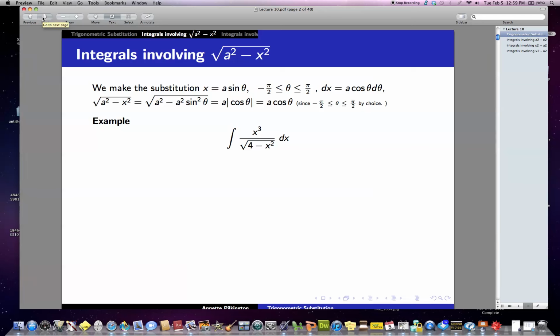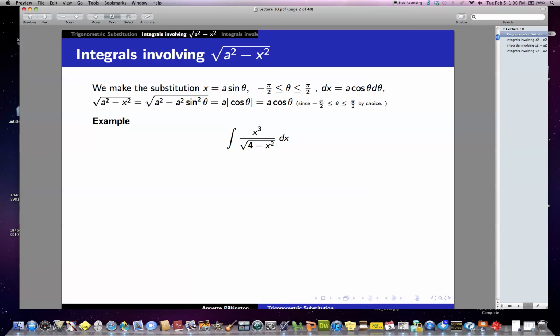Let's look at an example. Suppose I want to integrate x cubed over the square root of 4 minus x squared. Then I claim the substitution x equals 2 times sine theta will work here. Here, of course, a squared is 4, so a is 2.